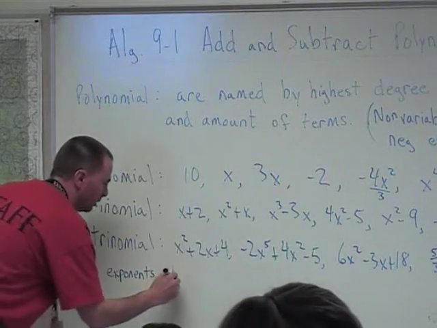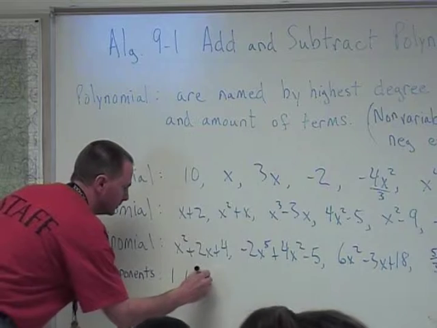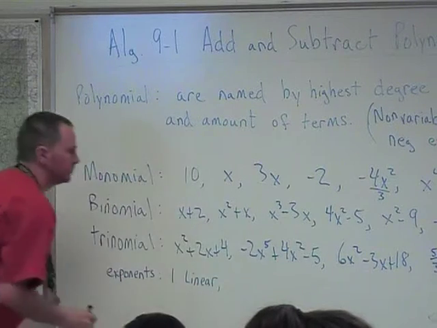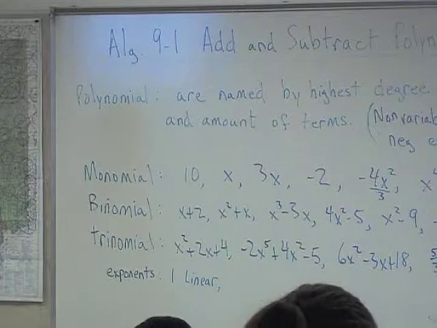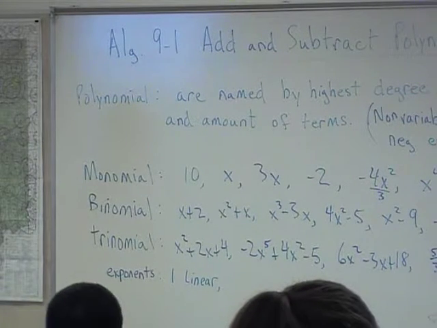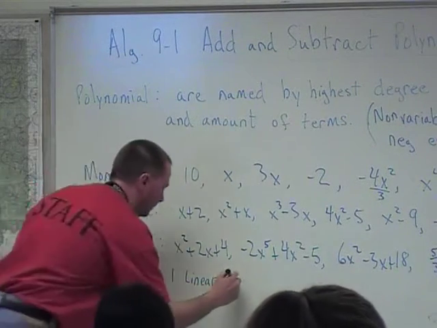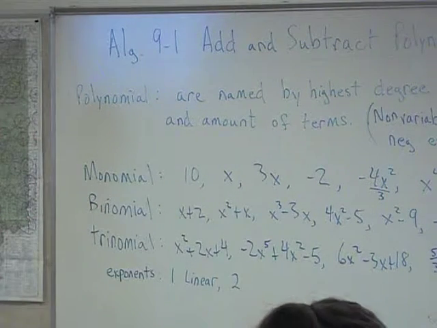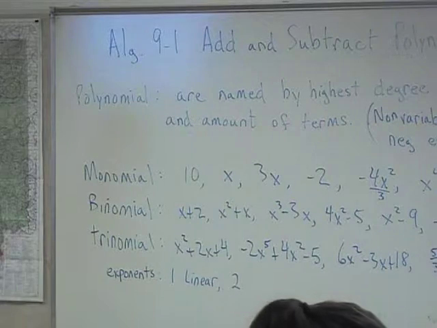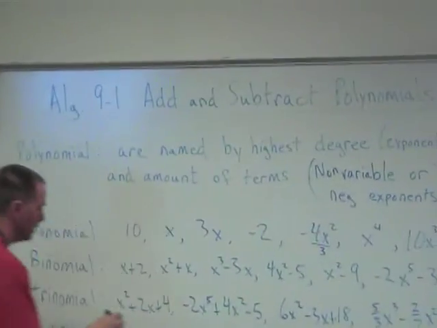So an exponent of 1 is called linear. An exponent of 2 we can call a quadratic. Okay.